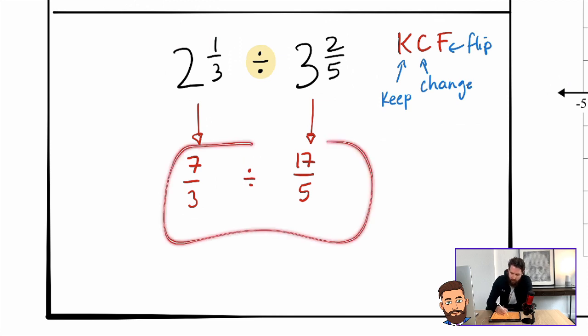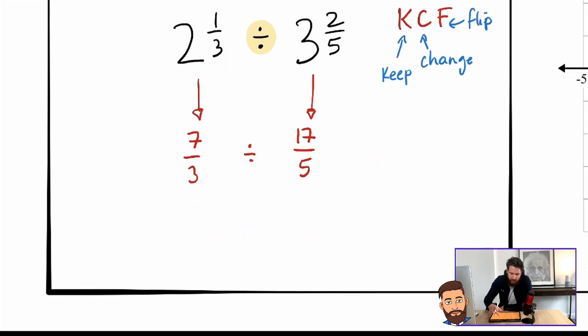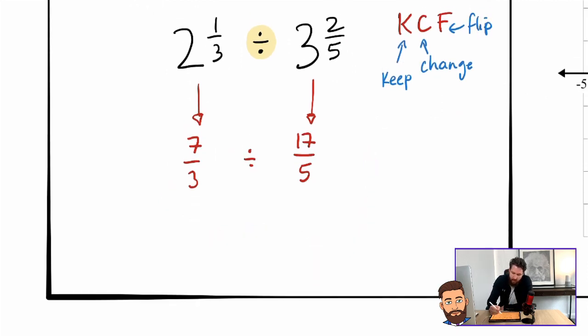Now we can use keep, change, flip because we have these as standard improper fractions. So I keep 7 over 3, change the divide to a times, and flip, do the reciprocal of the last fraction, which gives me 5 over 17.